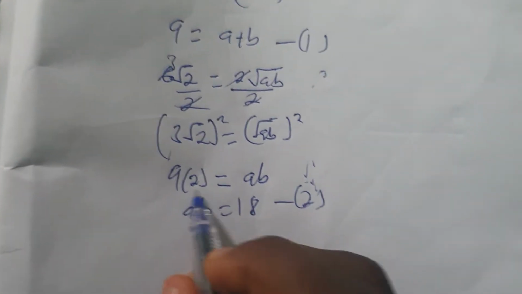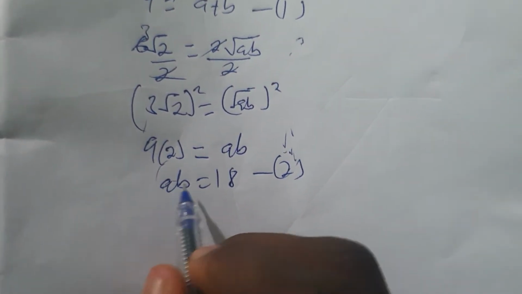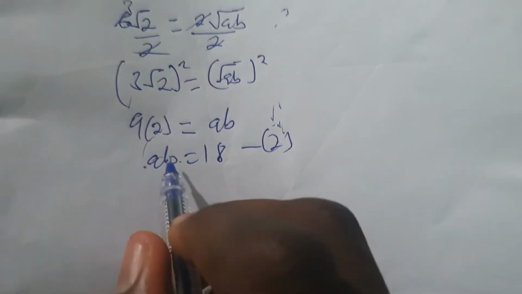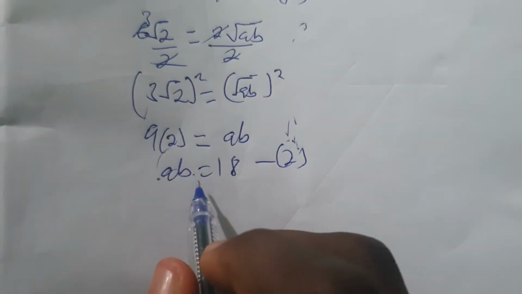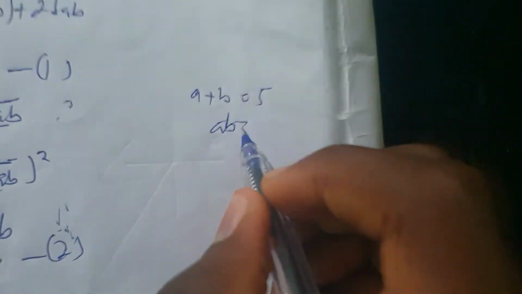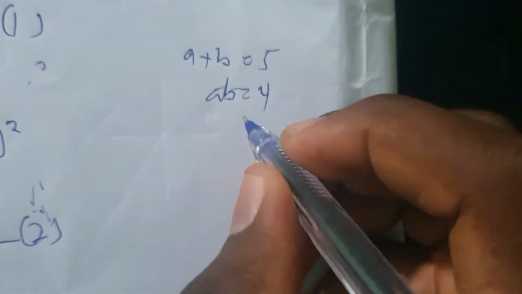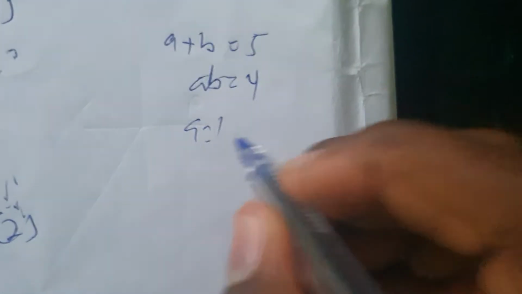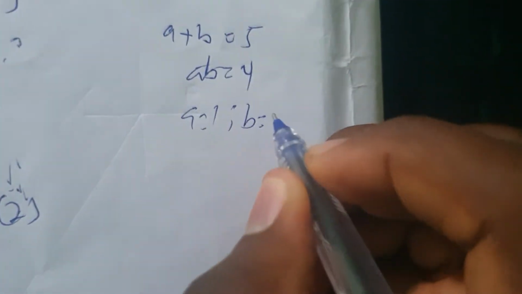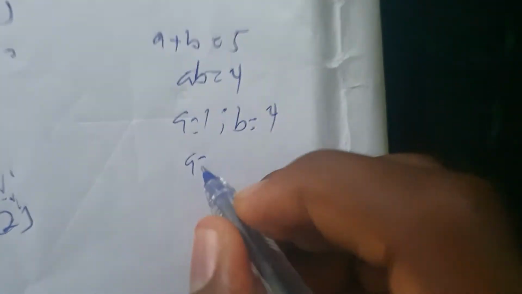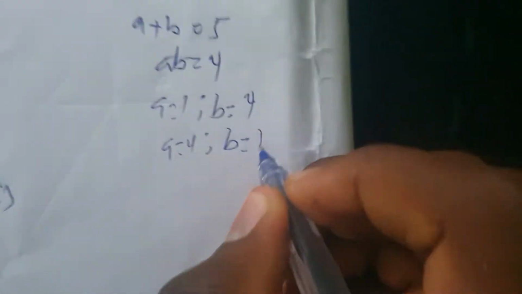So we are solving these two equations simultaneously for our values of a and b. Because we have an equation in the form of ab, we are definitely going to get two sets of solutions. Like for instance, if you have a plus b equals 5 and ab equals 4, you're going to have a equals 1 and b equals 4, or a equals 4 and b equals 1.